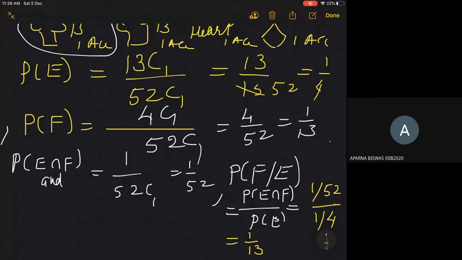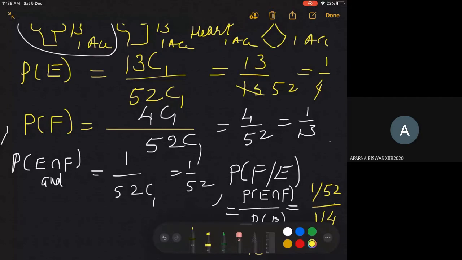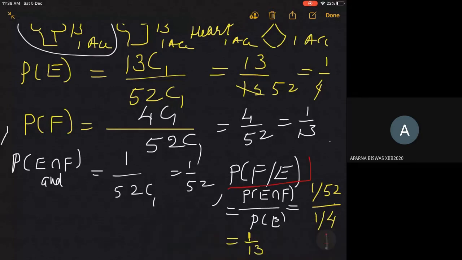So what do we observe here? Just observe two things. P of F given E is 1 by 13 and P of F is also 1 by 13.